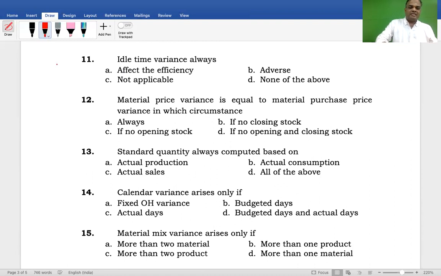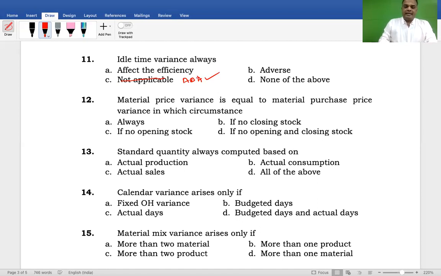Idle time variance is always: A, affects the efficiency; B, adverse; C, all of the above; D, none of the above. A and B, so all of the above is the correct answer. Understood?